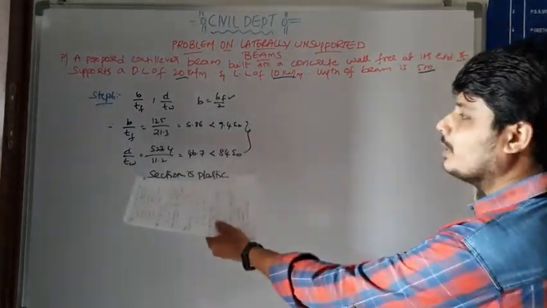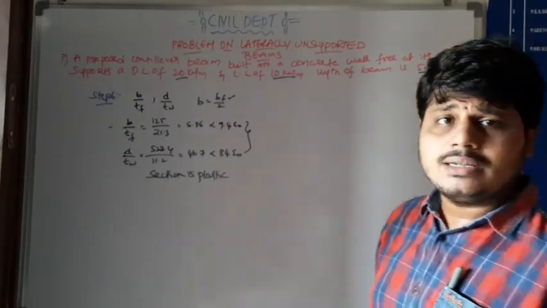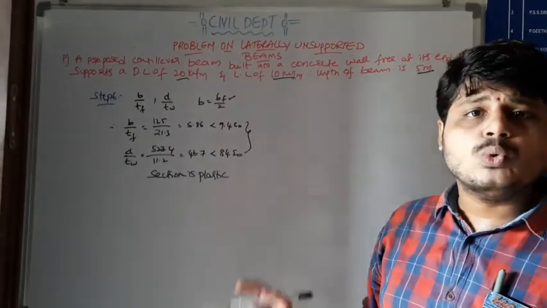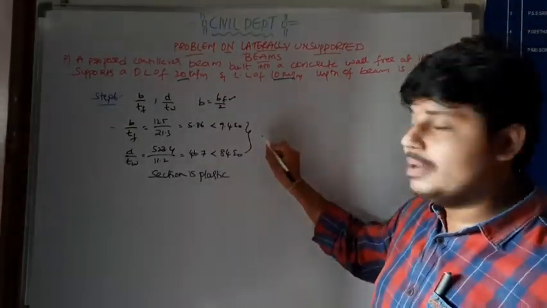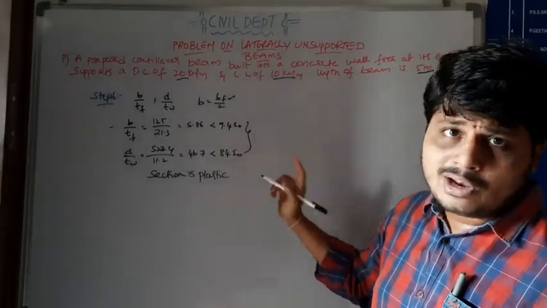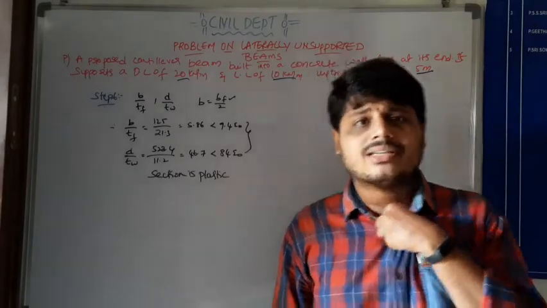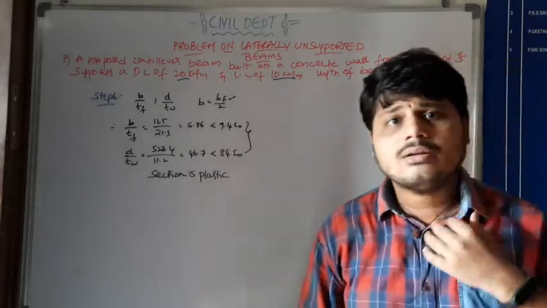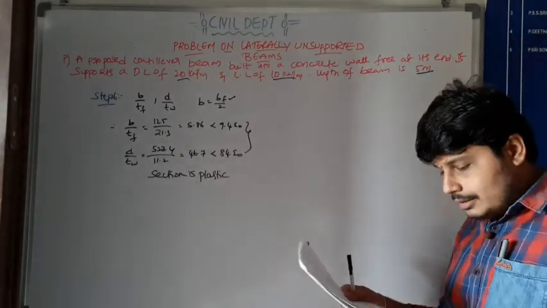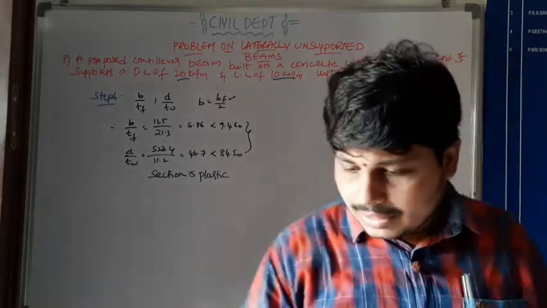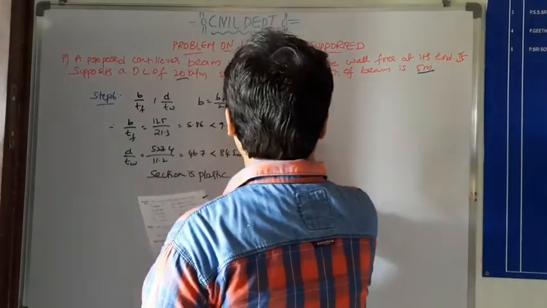So this section is plastic. From table number 2, page number 18, we can know whether the section we consider is plastic, non-plastic or semi-compact.